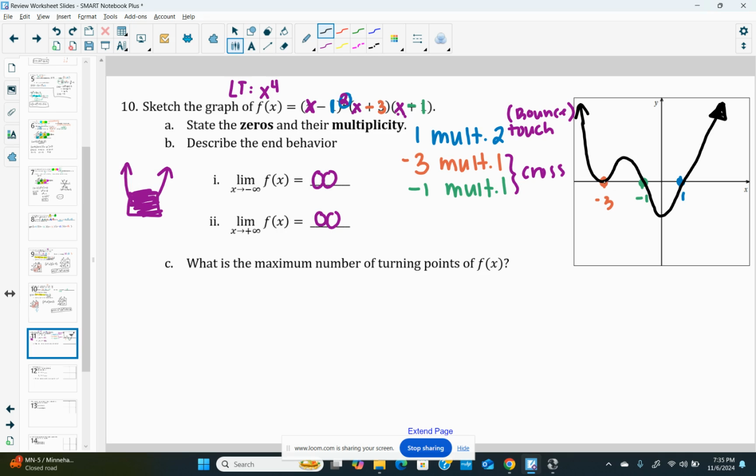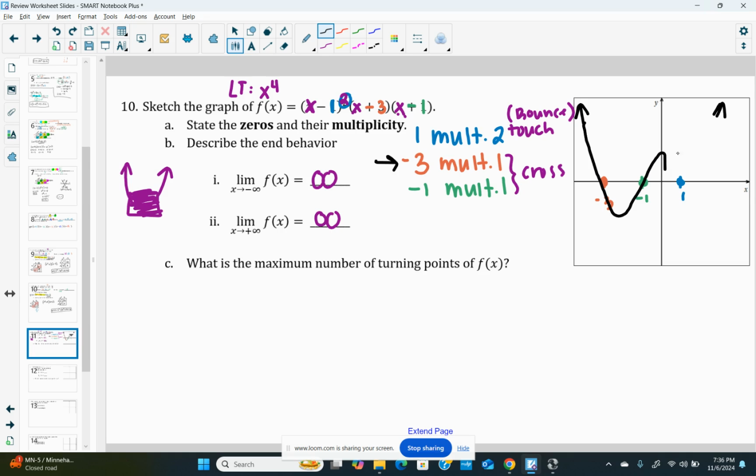Oh, sorry, that's wrong. I was reading them in order. Hang on. Okay, so at -3, it should cross and go through. Then it's got to come back up to go through -1.